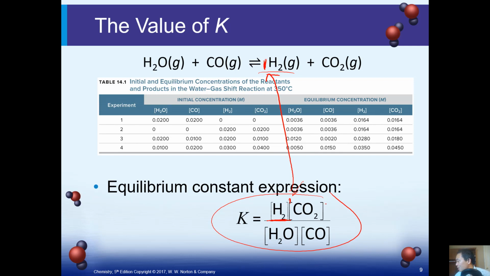So similarly, this is raised to 1 for CO2 because it corresponds to the chemical coefficient before CO2, which is 1. So at the bottom, it's the same way. All right. Also, pay attention to the phases, which you're going to find out to be very important.